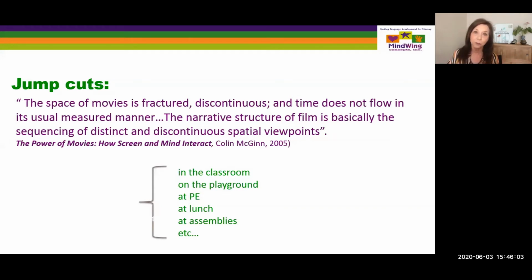The filmmakers realized that audience members could fill in everything. If somebody goes into a coffee shop and then we see them drinking coffee, the audience can fill in what happened in between. So jump cuts allowed filmmakers to cover more story because they could take out the parts that people could figure out. The challenge for our students is that our students are not in that audience that can figure out what's between the jump cuts.